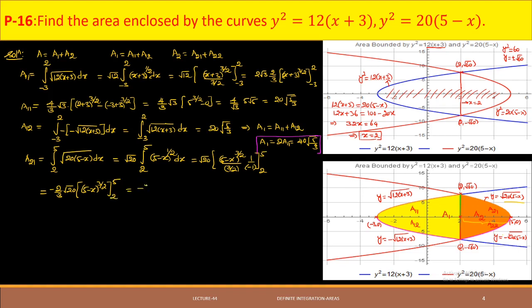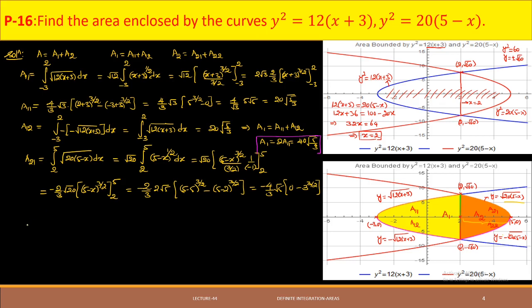So this is equal to minus 2 by 3 into root 20, which can be written as 2 into root 5. If I substitute the upper limit, this becomes 5 minus 5 whole to the power 3 by 2 minus 5 minus 2 whole to the power 3 by 2. So that is going to be minus 4 by 3 root 5 into, this is anyway 0, minus 3 to the power 3 by 2.